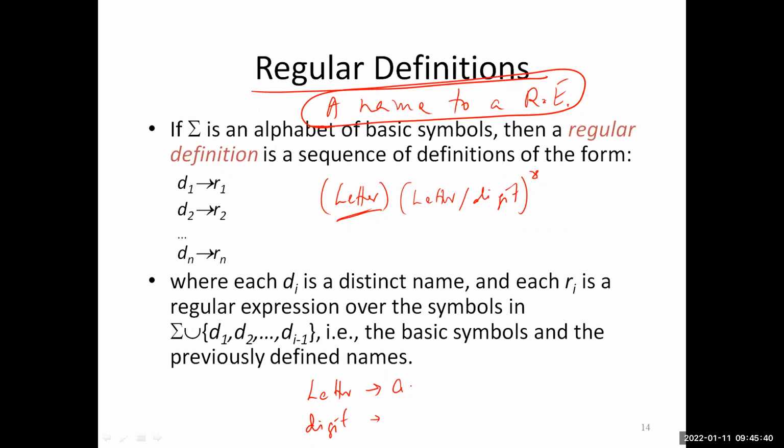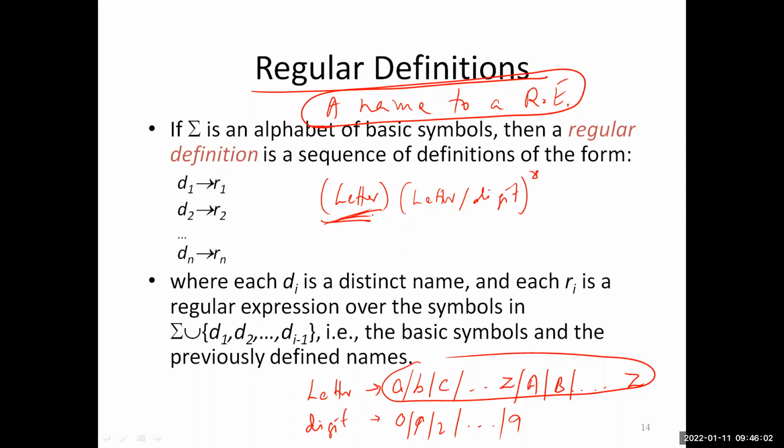All lowercase letters, A or B or C up to Z, and all uppercase letters, all 52 characters. Digits are 0, 1, 2, up to 9. If I represent this regular expression at this particular point, the length of the representation is going to be very complex, because presenting 52 alphabets is very difficult.